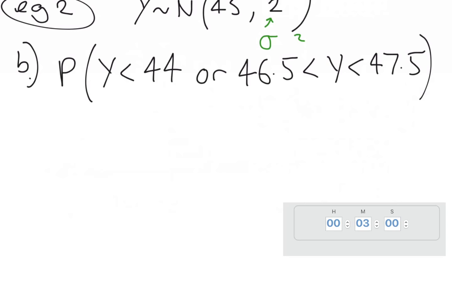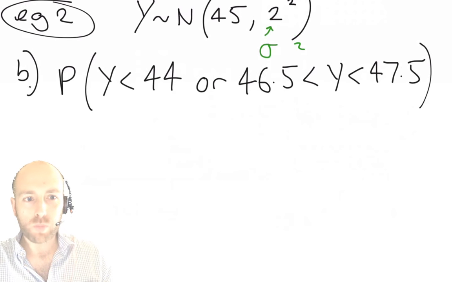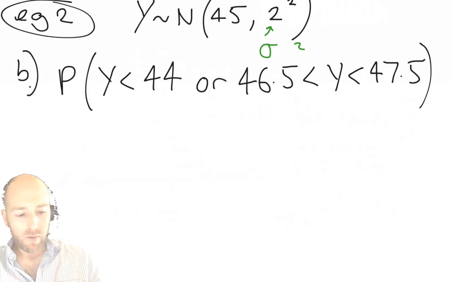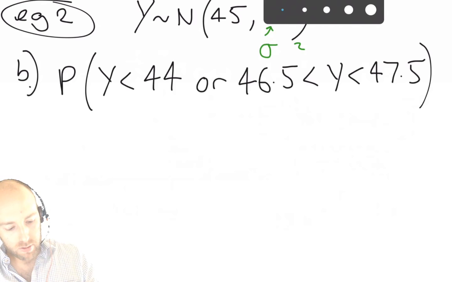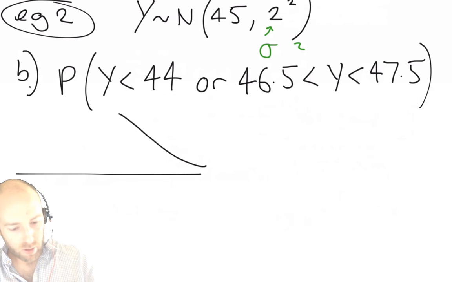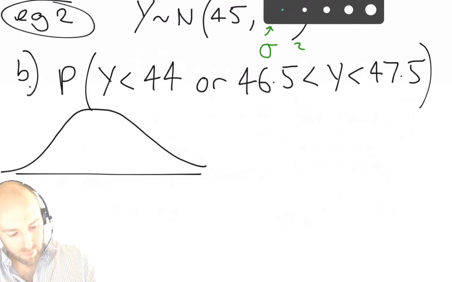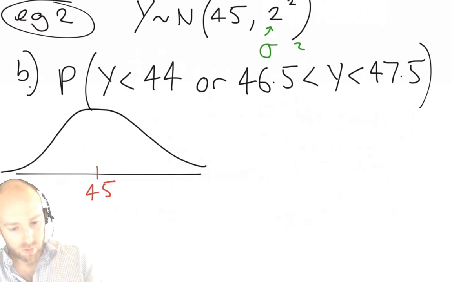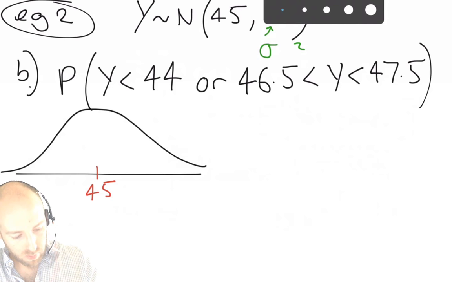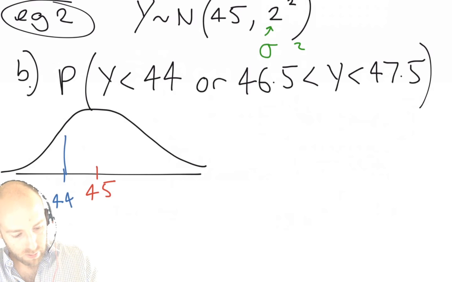So where am I? Let's bring me back. There we are. Okay, so if we sketch this, sketch again, most important thing with these questions. I know the mean is at 45, and we want less than 44. So we want all this area.